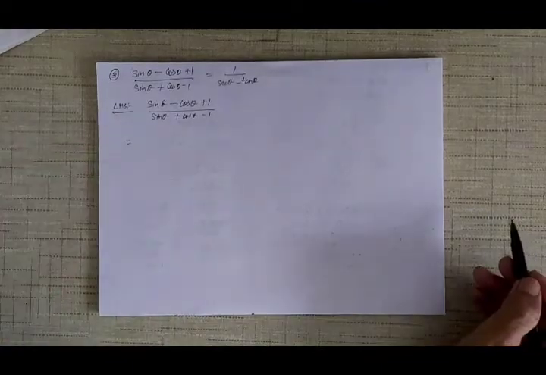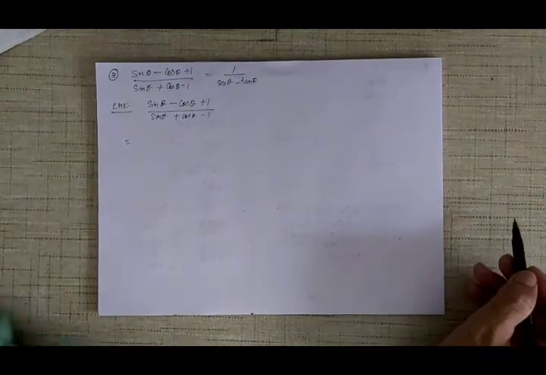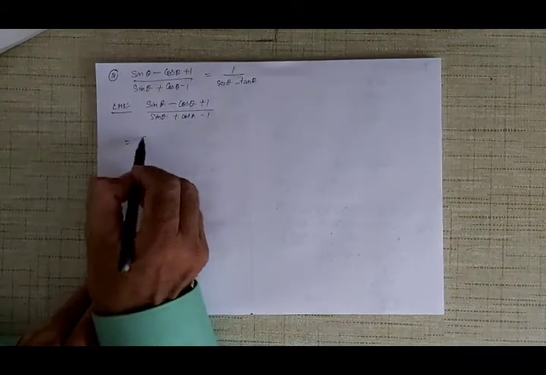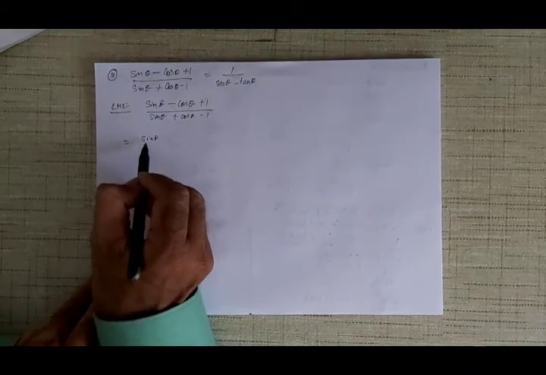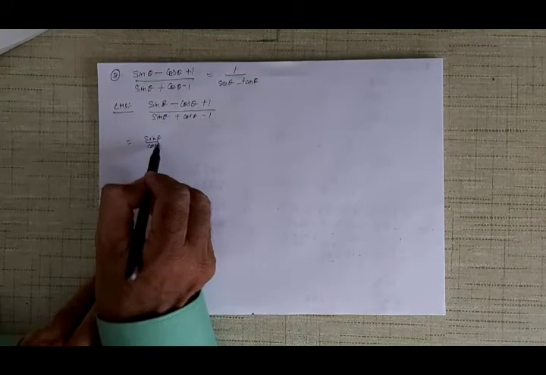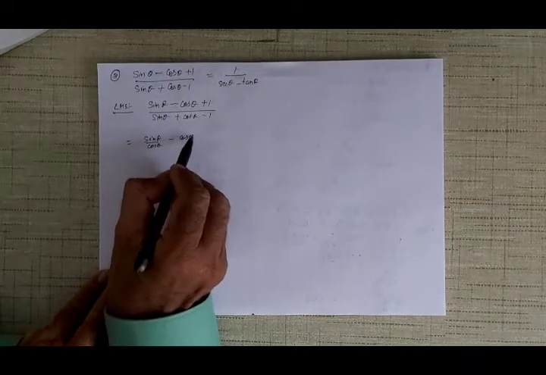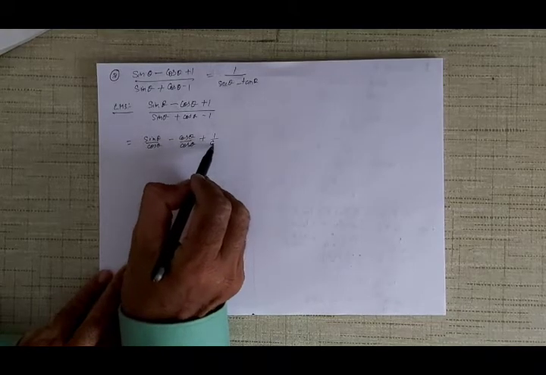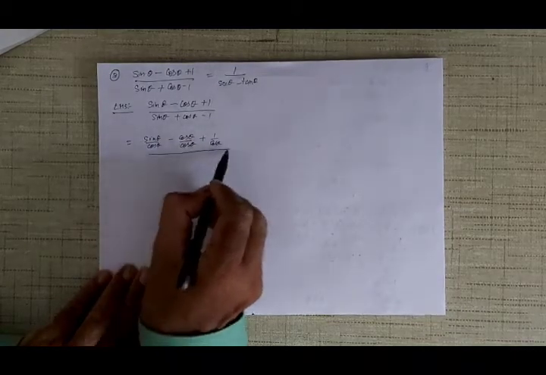Now you can see here what we can do is simply divide by cos theta. If I divide, I get sin theta upon cos theta minus cos theta upon cos theta plus 1 upon cos theta. This is in the numerator.